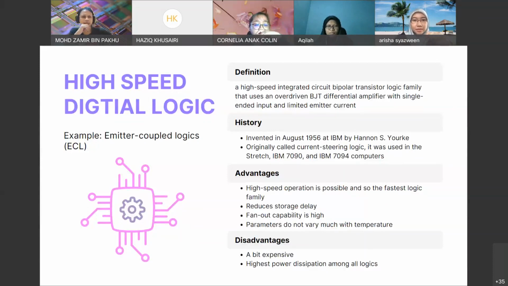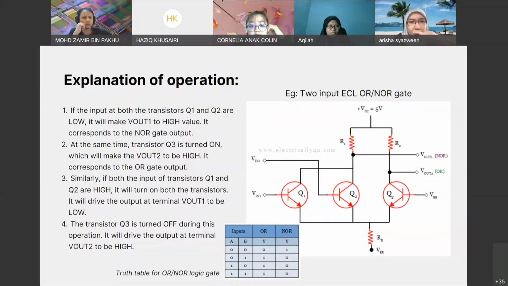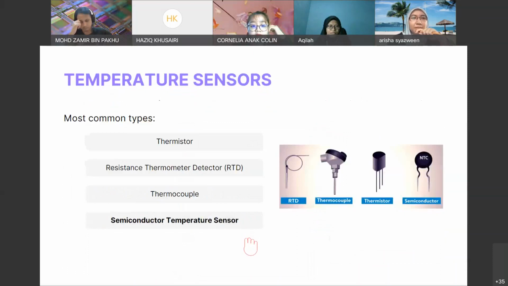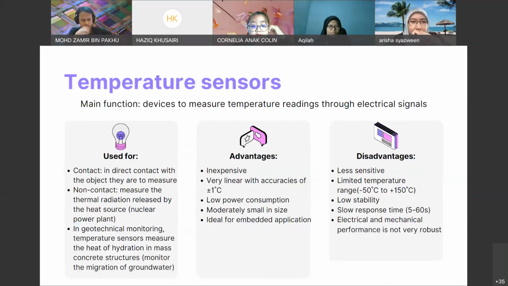A nitpicky thing to ask: the temperature sensor. The question is, why do they use Celsius for the parameters for accuracies and temperature limits, and why is it not in Kelvin?